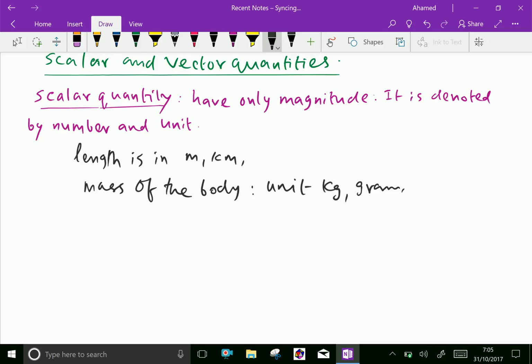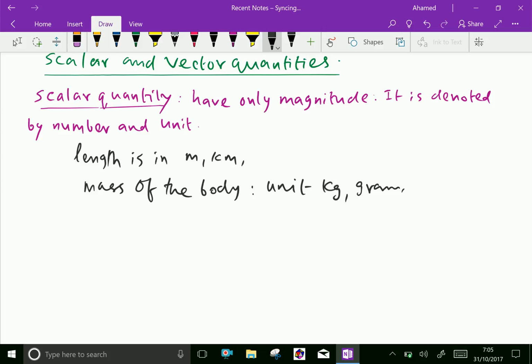Wherever you measure the mass, it gives the same unit, kg. A 5 kg object measured from any direction, the direction is not considered, so it is a scalar quantity. Even time is also a scalar quantity. We are not using direction for this.